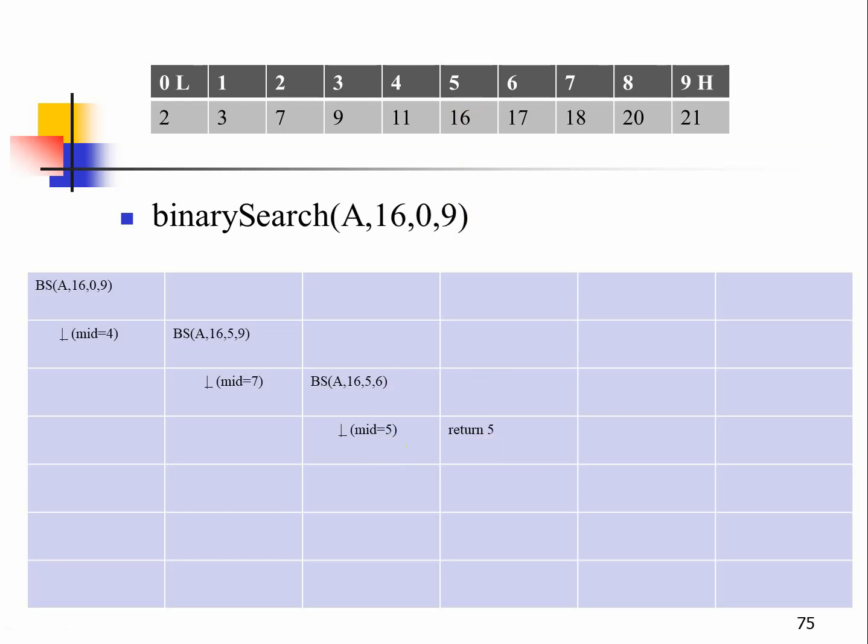I want you to see this one. When that is found, 5 is passed back to where it was called from. We will not modify anything, we simply pass that 5 back to here, and back to where it was called. The whole purpose of this recursive binary search function is to find that very index and then pass it all the way back.